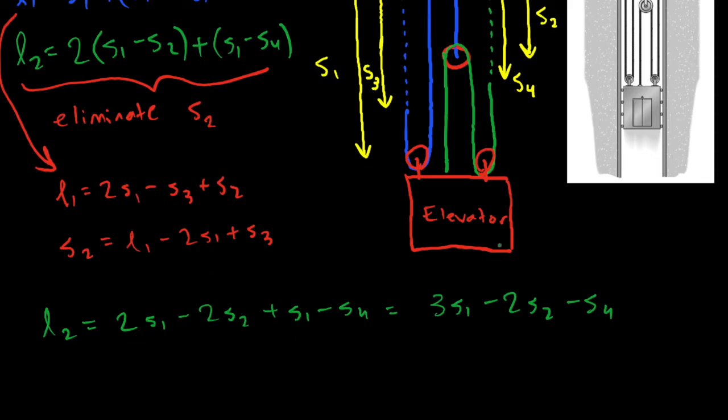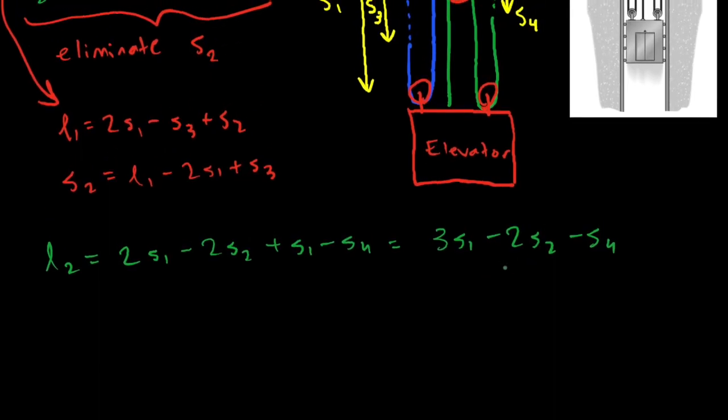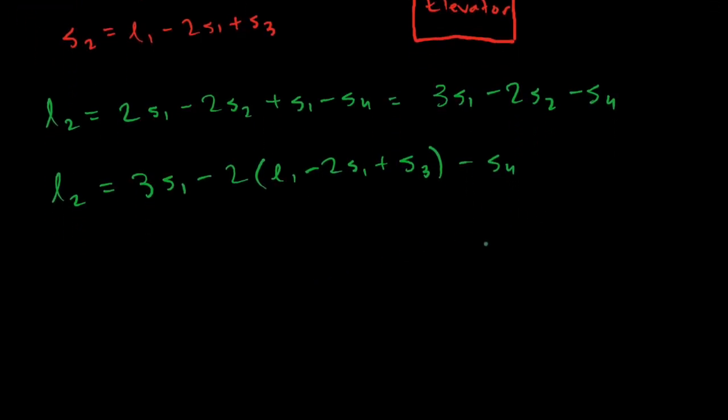All right, looks good. So then moving on, we just plug in the S2 expression here. So we get L2 is equal to 3S1 minus 2 times L1 minus 2S1 plus S3 minus S4. And that is pretty much the complete expression.